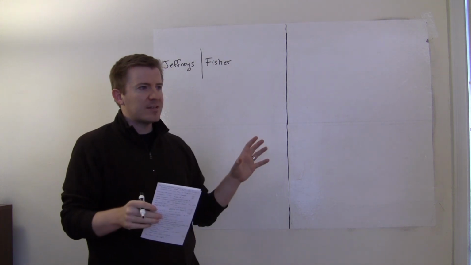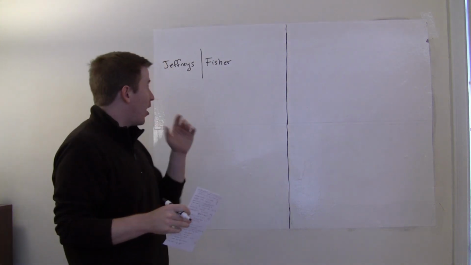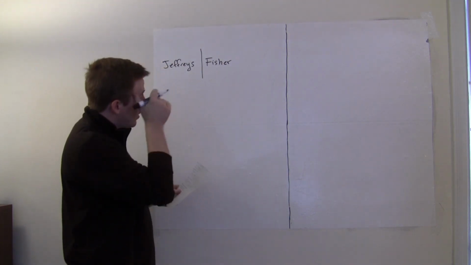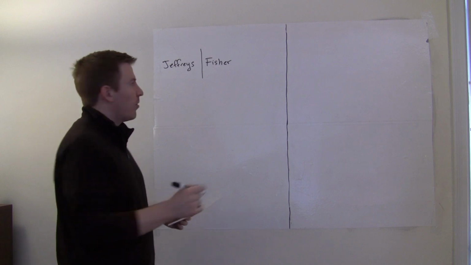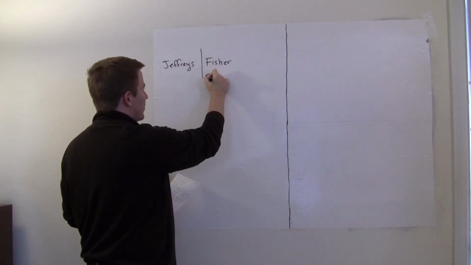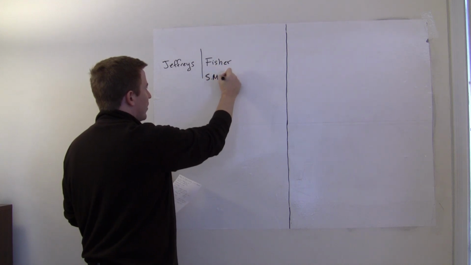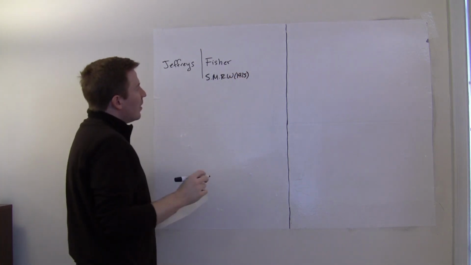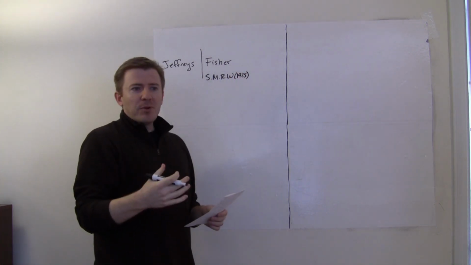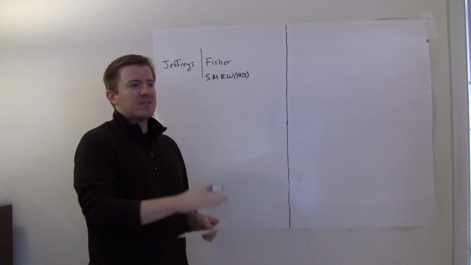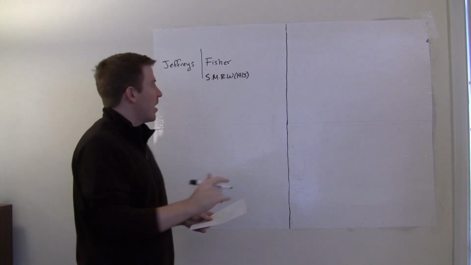He was a professor at University College London and is most celebrated for a book that he wrote called Statistical Methods for Research Workers, in 1925 or thereabouts. He's a very influential person, and this book is a standard reference in this area.